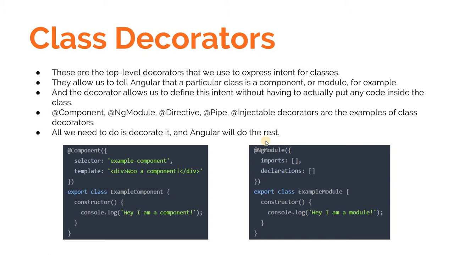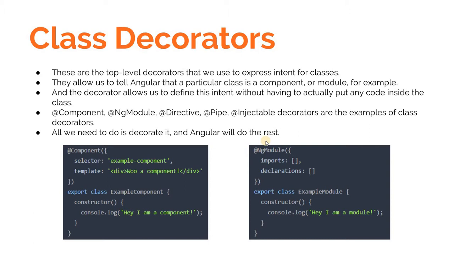With the help of class decorators, we tell Angular that our intention for this class is for it to be either a component, a module, a pipe, a service, a directive, or any other thing of this sort.